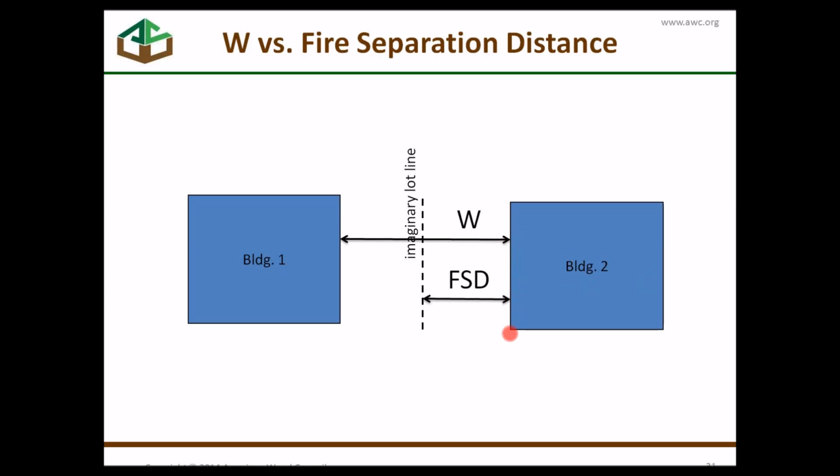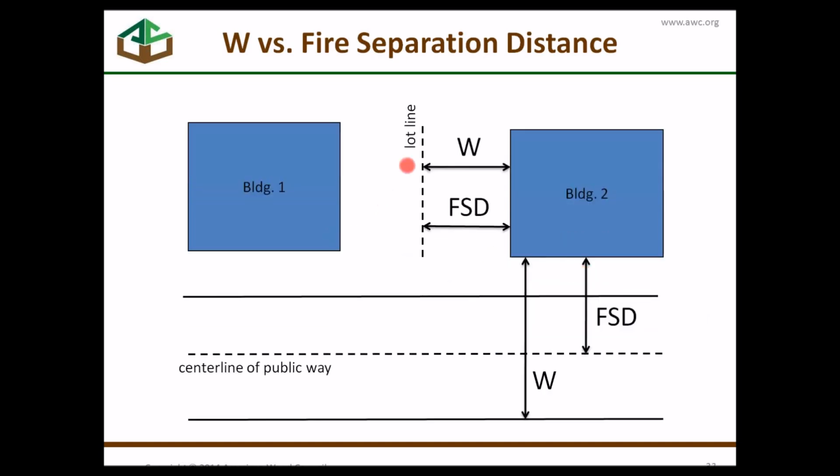If you have two buildings on the same lot, you have to measure the fire separation distance to an imaginary lot line between the two buildings. That way there's appropriate protection on this exterior wall, appropriate protection for this exterior wall. The W, however, in our I sub F calculation for width of open space can go all the way to the adjacent building on the same lot. The code allows that specifically.